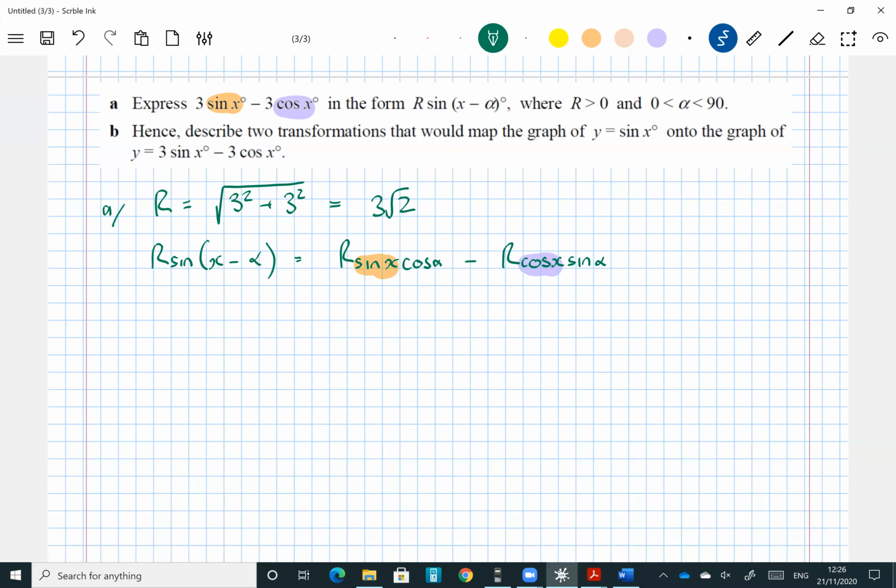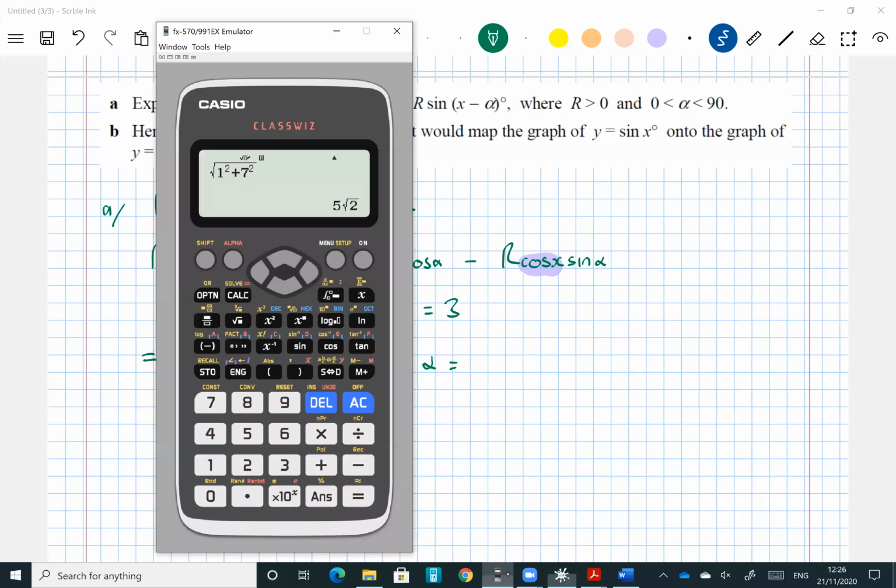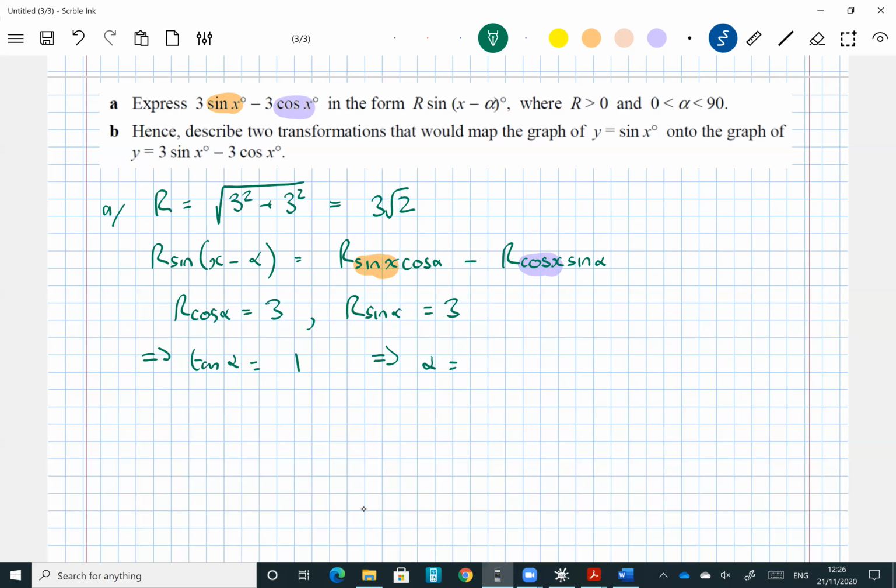So I can see from this that r cos alpha equals 3 and r sine alpha also equals 3, which implies tan alpha is 3 over 3, which is 1. So alpha equals, this is a key trig value, 45 degrees, but let's just put the calculator in degrees mode and check just to be safe. So arctan of 1 is indeed 45 degrees.